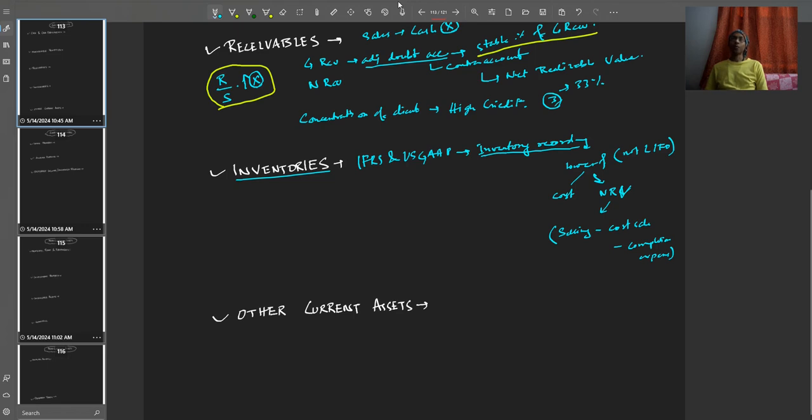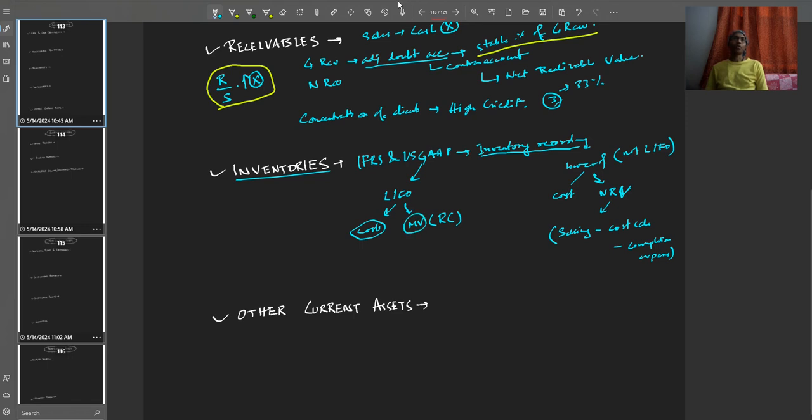Under US GAAP, there is one provision here. When the LIFO method is being used, the option is either cost or market value. Market value is defined as current replacement cost. So, the lower of cost or market value is going to be the value of the inventory.